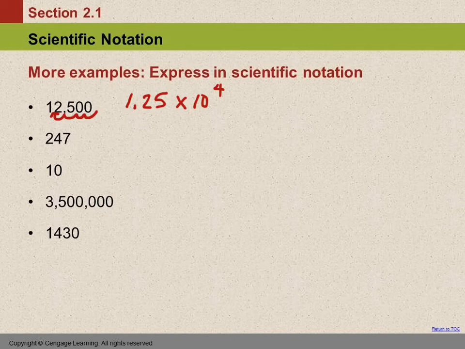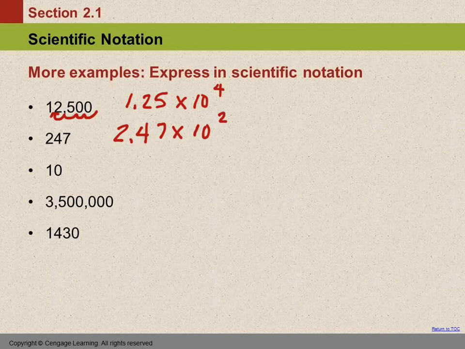Anybody curious why I didn't write the zeros down? We don't need to. We will learn later in this chapter what to do about those zeros. For now, when you have zeros at the end, just leave them off. How about 247? What's that in scientific notation? 2.47 times 10 to the 2.